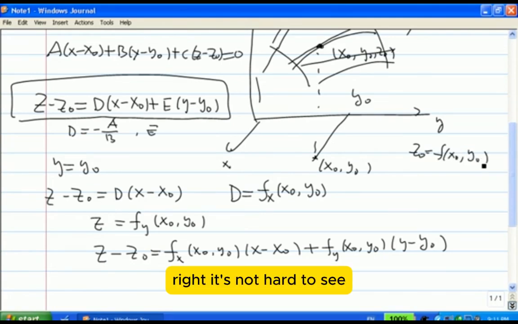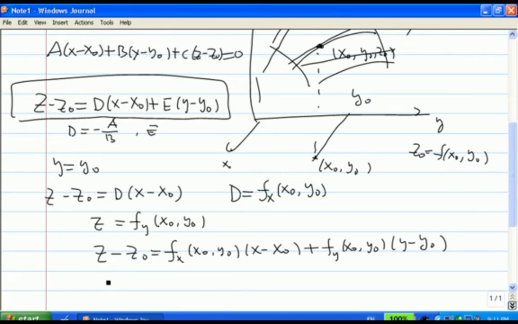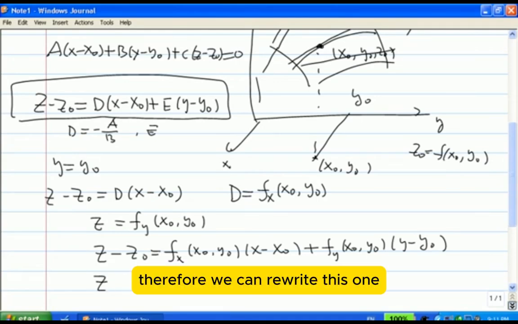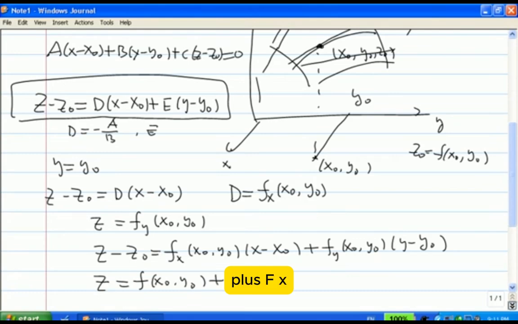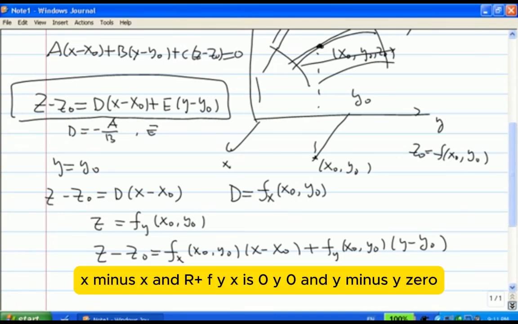It's not hard to see. Therefore, we can rewrite this as z equal to f(x0, y0) plus fx(x0, y0)(x minus x0) plus fy(x0, y0)(y minus y0).